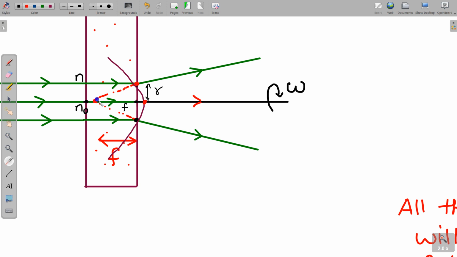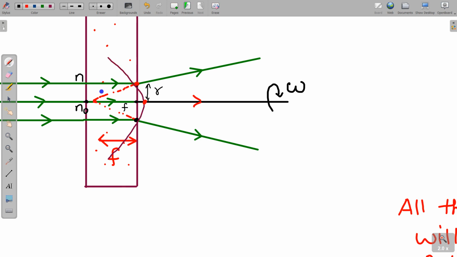Now concentrate on this right angle triangle. In this right angle triangle, distance from here to here, this distance is equal to f. This distance is equal to r. So this distance is under root r square plus f square, and this is just like center of this spherical surface.